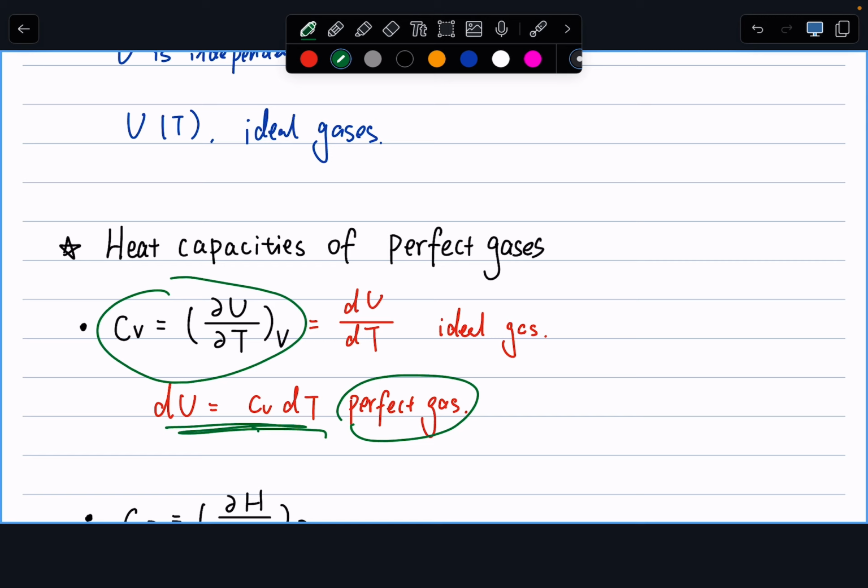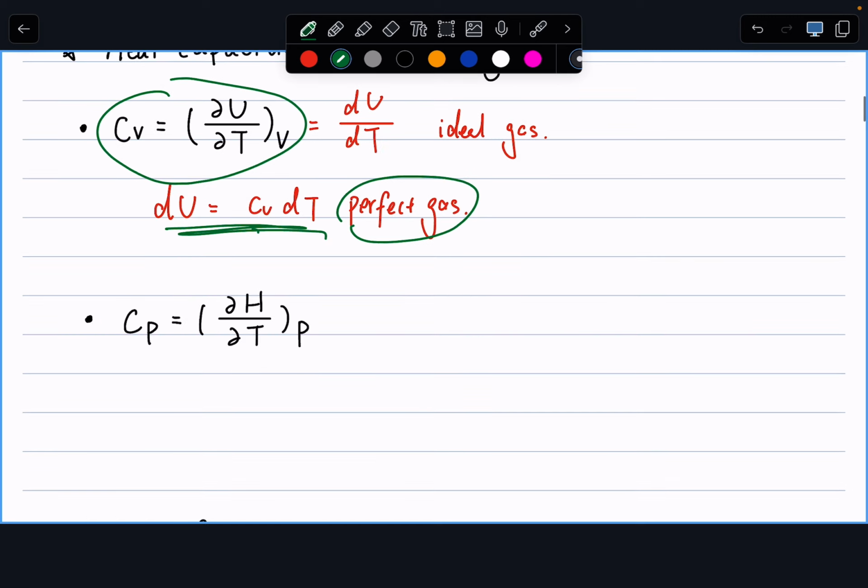Okay, and the same applies to enthalpy. We have internal energy dependent only on temperature. For enthalpy, if you think about ideal gases, what's the definition of enthalpy? H equals U plus PV. If I ask you whether enthalpy depends only on temperature, how do you prove it?